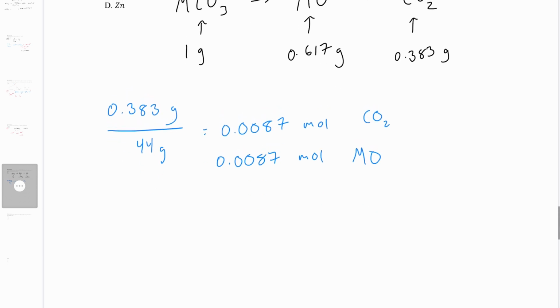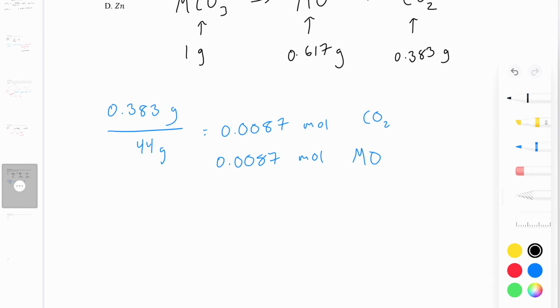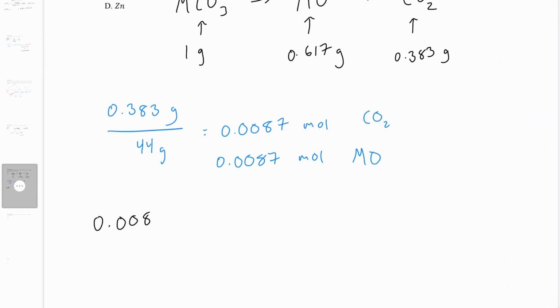So how many grams are those 0.0087 moles of oxygen going to weigh? We have 0.0087 moles of MO, and if we multiply by the molar mass of oxygen, which is 16 grams per mole, we get that in our metal oxide, the mass of the oxygen is 0.139 grams.